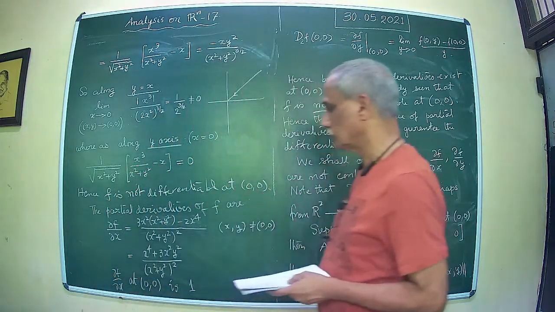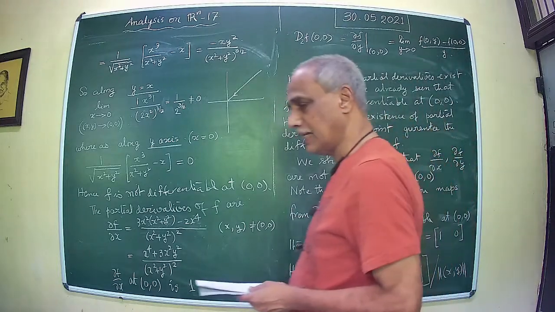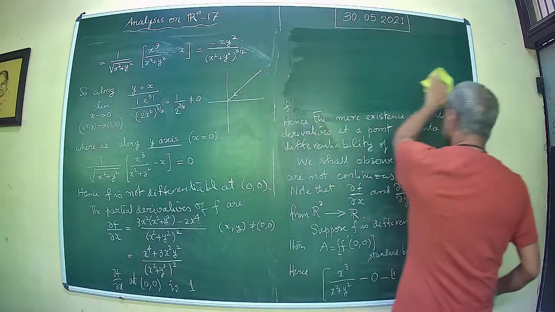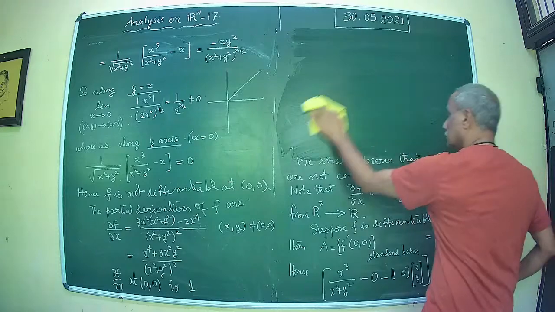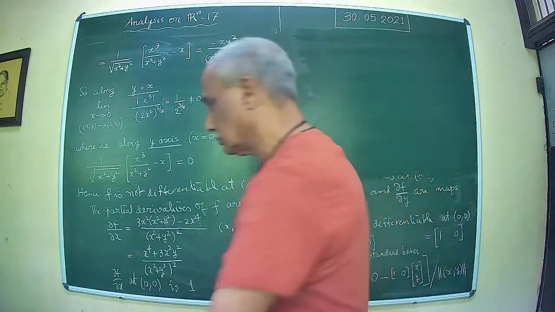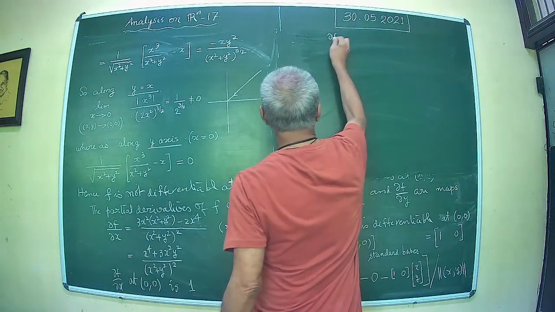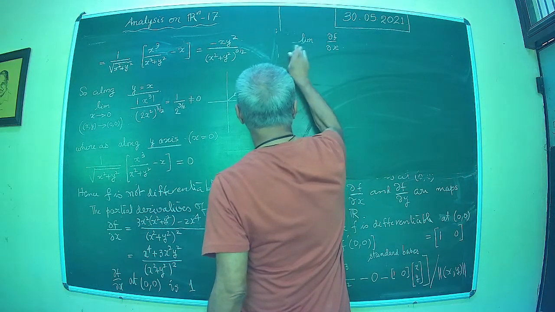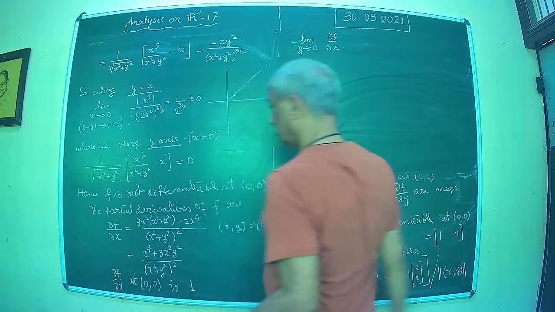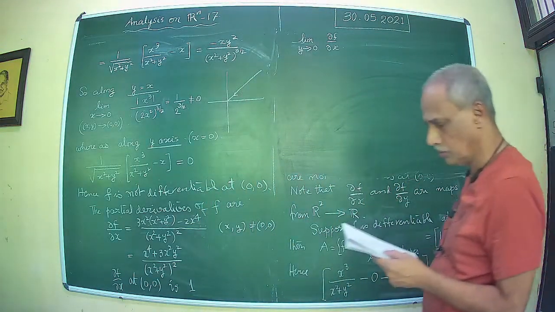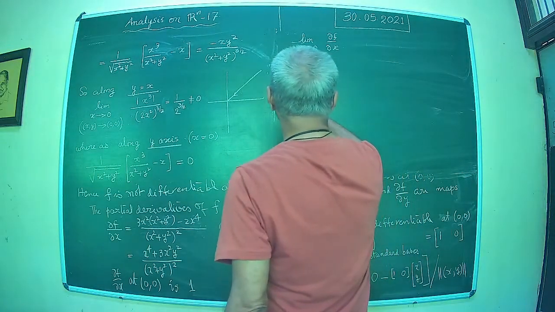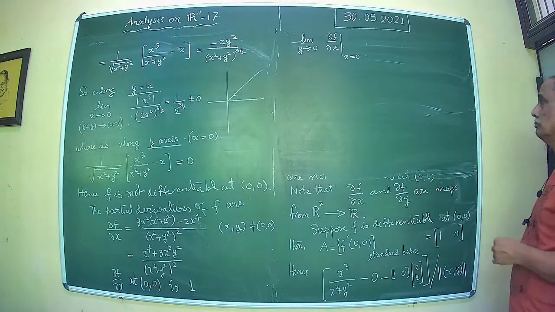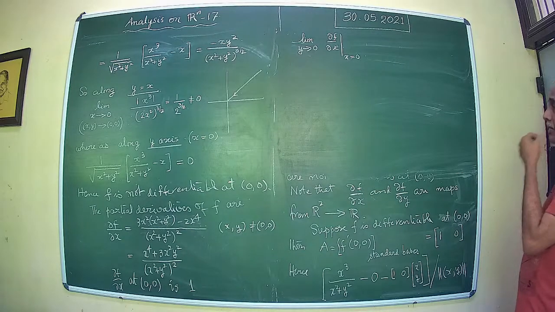That you see. Okay. Now you see that as so df by dx y tending to 0 or along the x-axis.